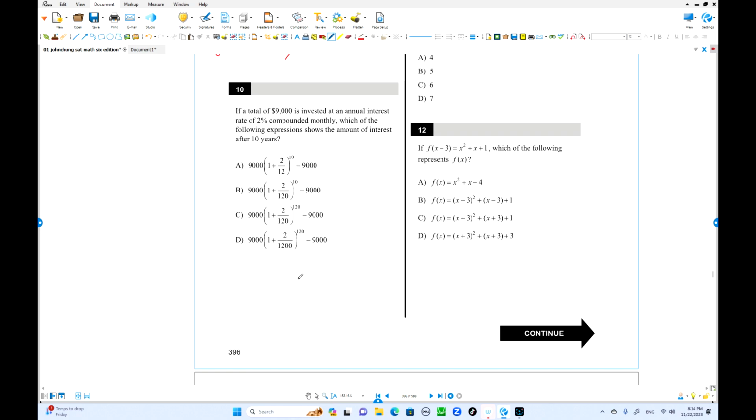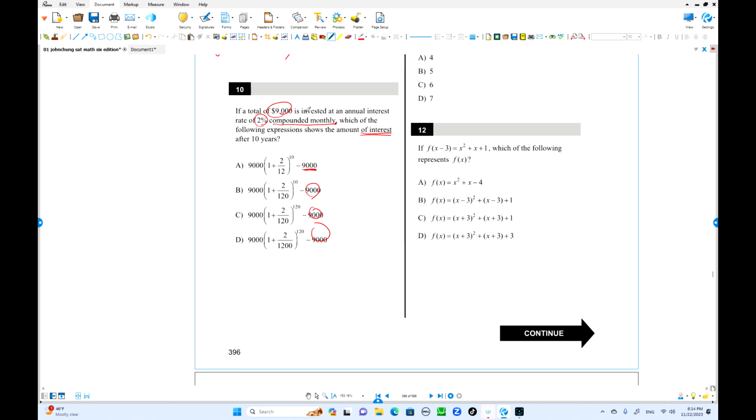The number 20, this is the exponential functions, 2% compounded monthly. Okay, so we're going to find only the interest, right? So interest means what? After you find the total balance, you take off the original amount. So which one has 2% compounded monthly?